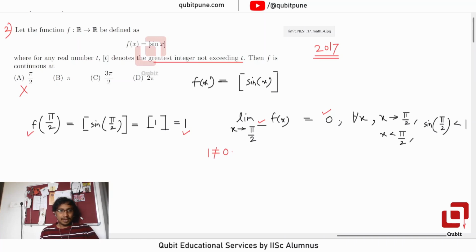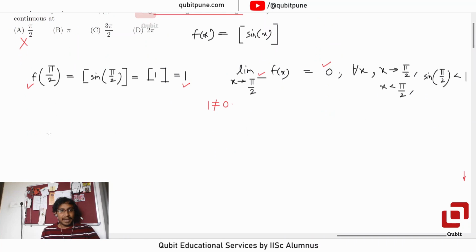Let us now do it for x equal to pi. f of pi: sin pi is 0, and box of sin pi will then be 0.